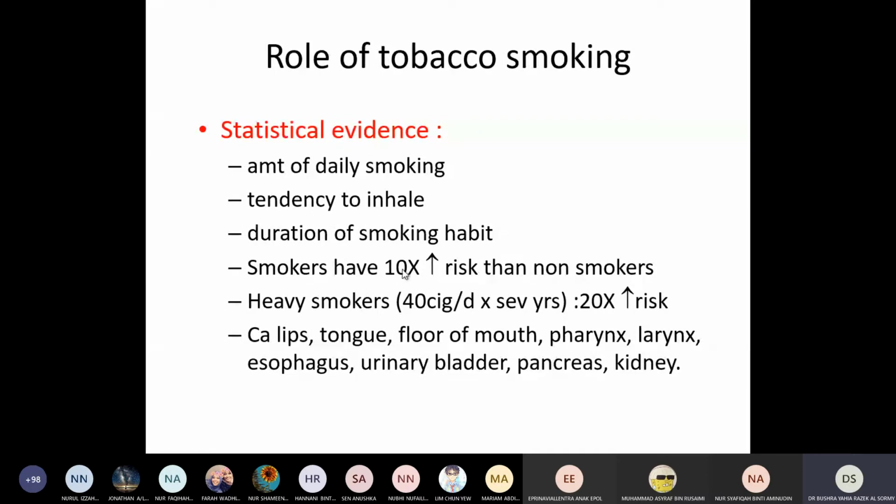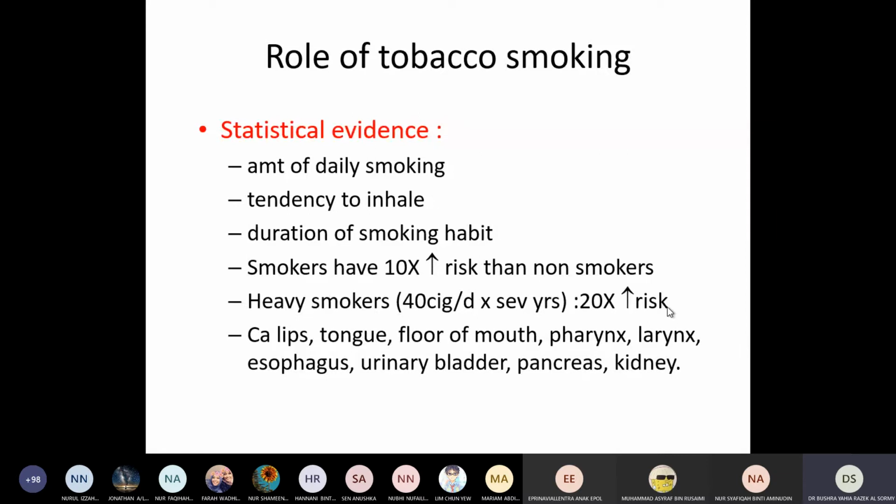So the smoker has a tenfold increased risk compared with non-smokers. A heavy smoker is considered 40 cigarettes a day, and over 7 years has a 20-fold increased risk for developing cancer.